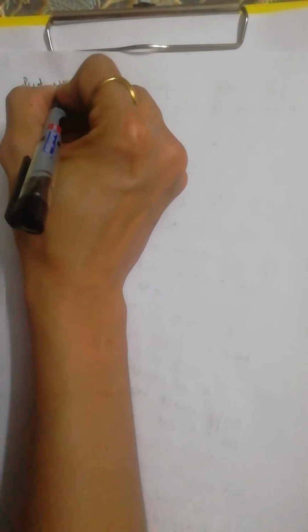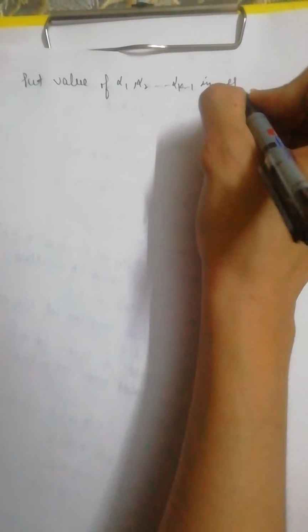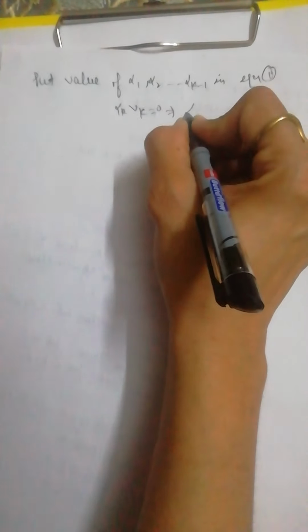Putting values of alpha 1, alpha 2 up to alpha k minus 1 in equation 1, we get alpha k vk is equal to 0, which implies alpha k is equal to 0.